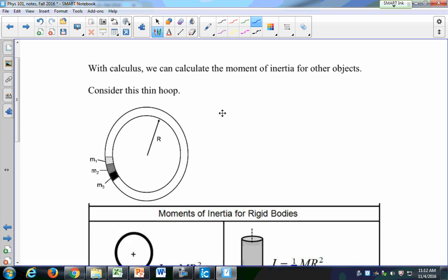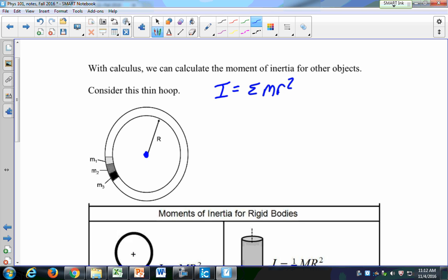But anyway, this is like a hula hoop, and I want to figure out what is the moment of inertia. Well, the moment of inertia is equal to the sum of m r squared. And if I'm rotating about this axis, r doesn't change. It's always going to be the same.